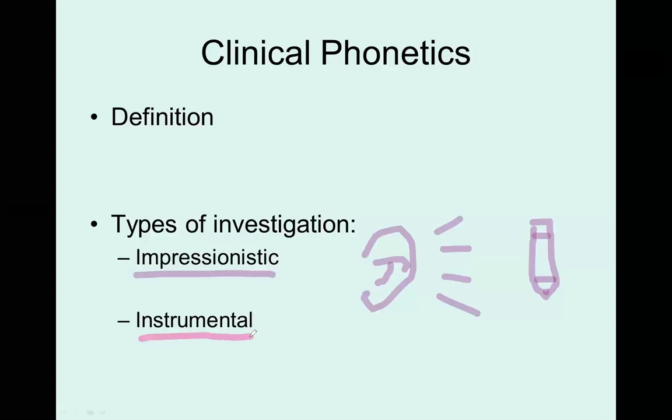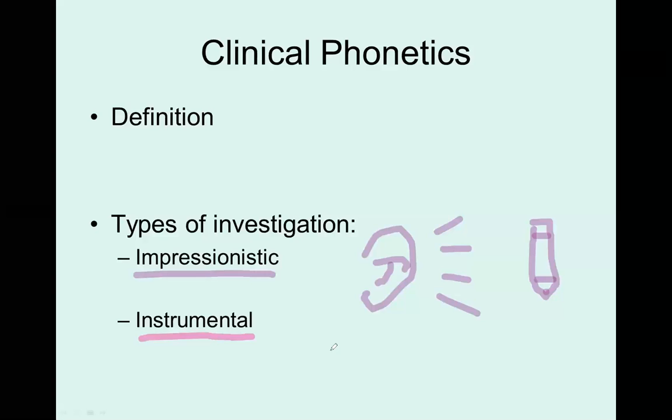The second type is more the subject of speech science next semester, where we use instruments to investigate different types of speech sounds, whether you record it and analyze the sound using a computer program, or perhaps you use something like ultrasound, which isn't just for babies and measuring how far along they are or looking at them at certain points throughout the pregnancy. Ultrasound can actually be used if you put a transducer under the chin and use that to look at the tongue.